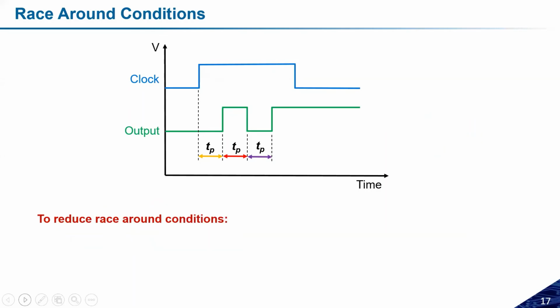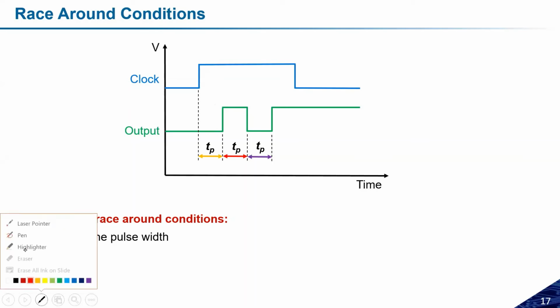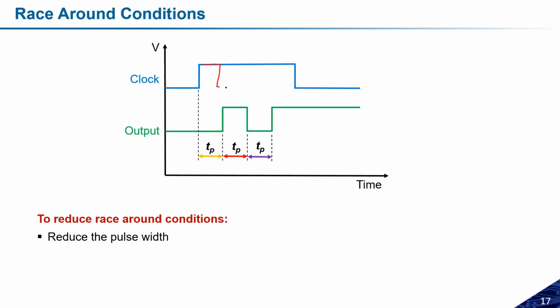There are three possibilities that we can utilize to reduce this problem. The first one is to reduce the pulse width. We already discussed these things, so I'm not taking much time to explain this again. Reducing the pulse width means the chances of more than one flipping will be very less. So that can be reduced, but 100% cannot be avoided.